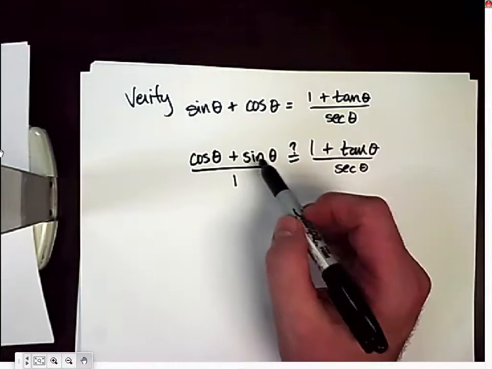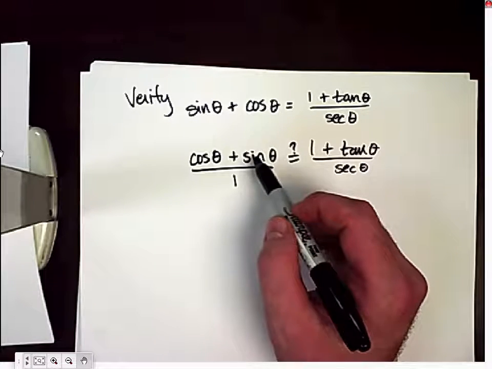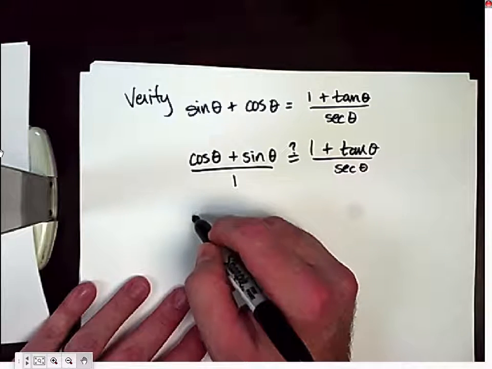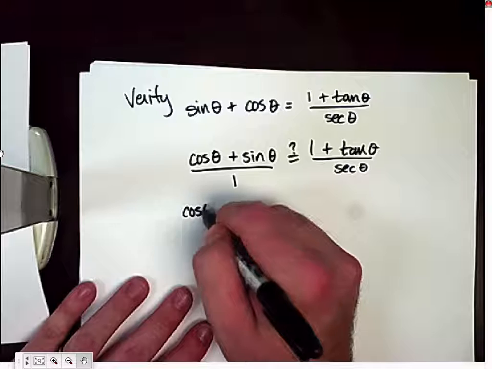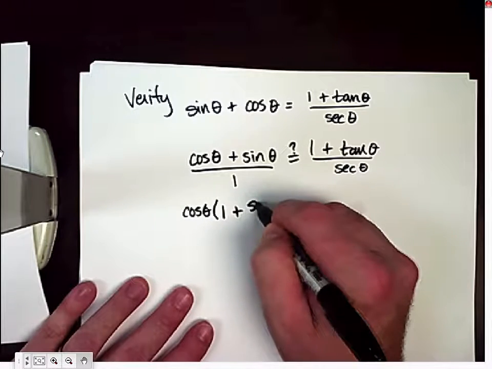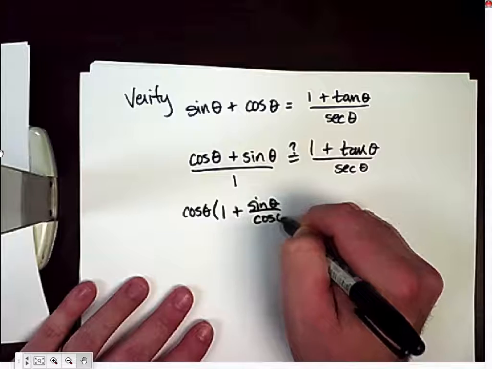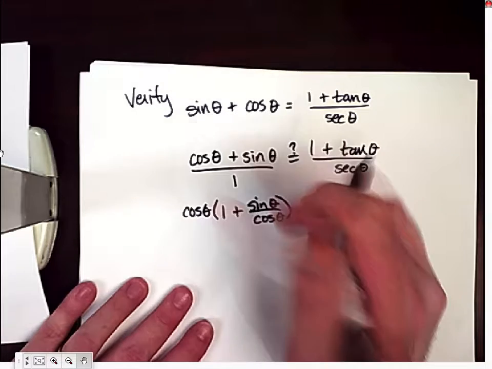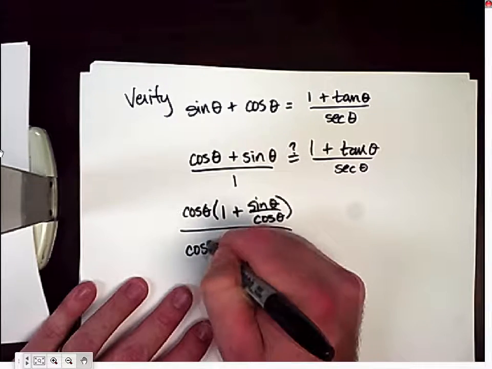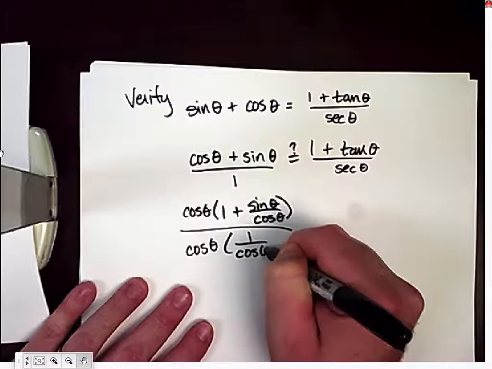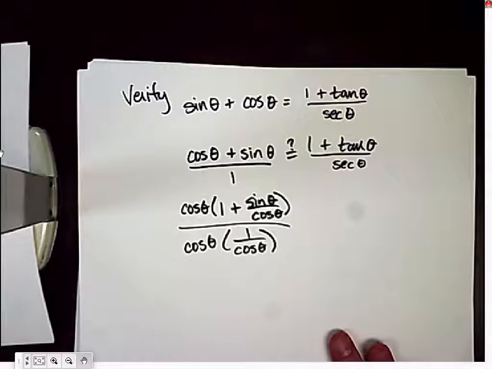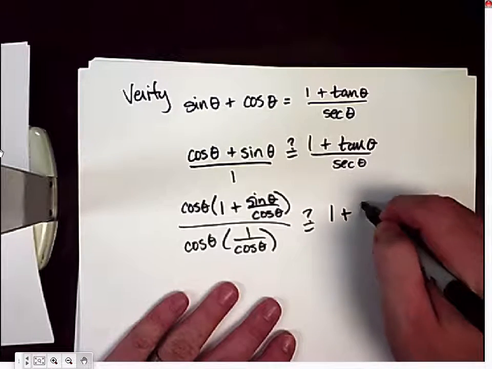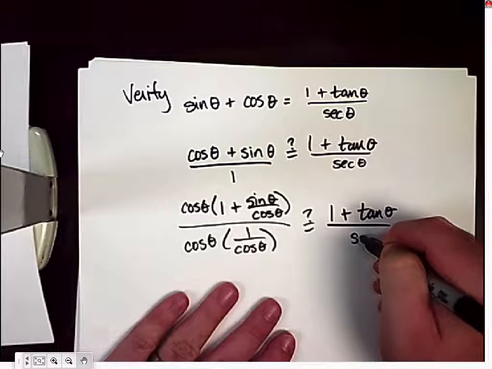Then you could technically factor out a cosine to get the step before. So you'd have cosine theta times 1 plus sine theta over cosine theta. That is the same as that, over 1. See how these two are equal? Does that equal 1 plus tangent theta over secant theta?